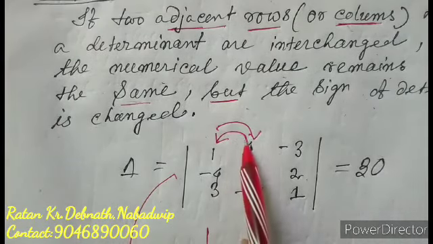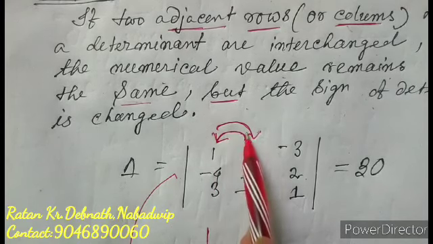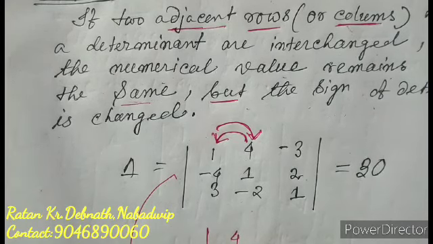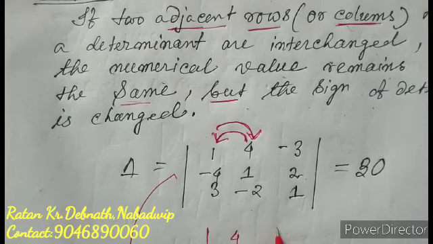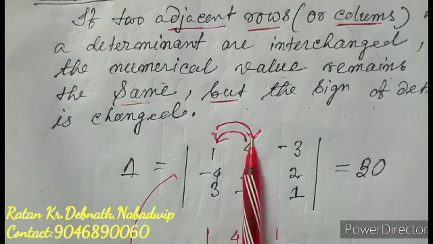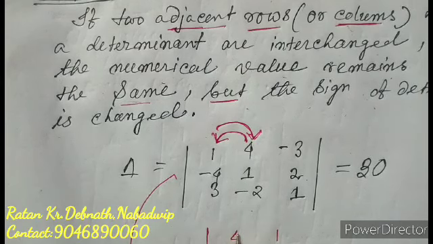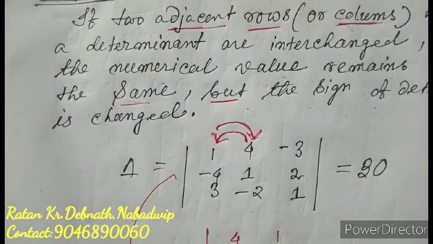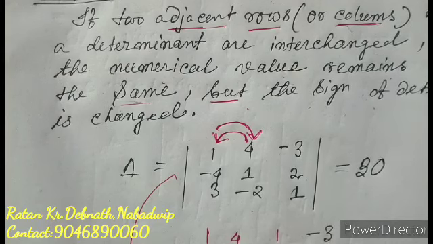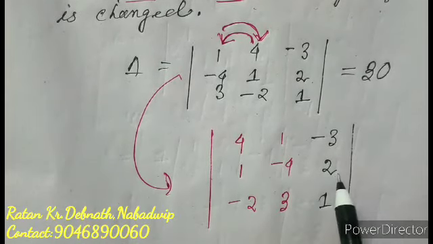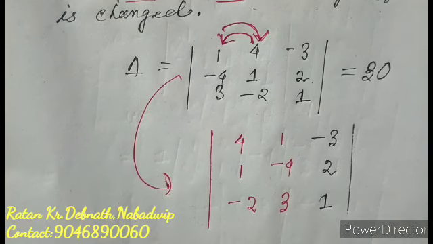Let us interchange the two columns. So 4 1 minus 2, and 1 minus 4 3. Interchanging this column I have written here, and interchanging this column I have written here, and this column is in the same position.